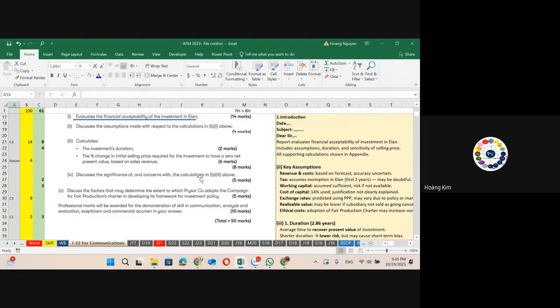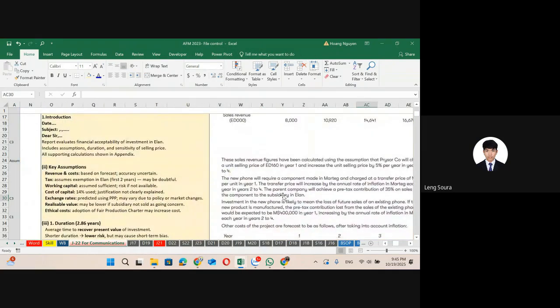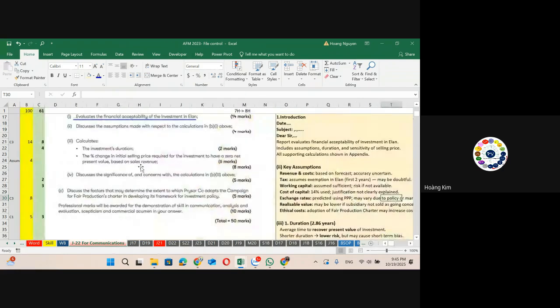Can you move to the right side, after column T? After column W. Yes, this is it.